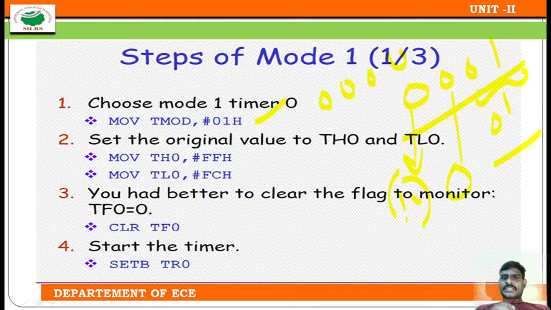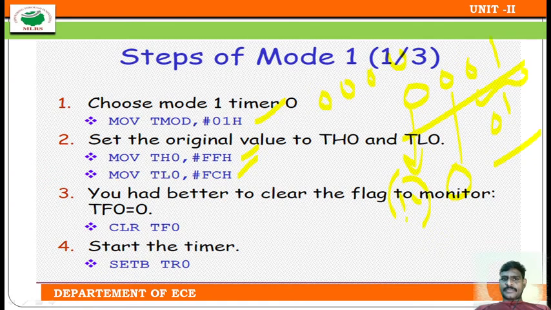Then set the initial values to the timer to be run into TH0 and TL0. Initially I have taken some values like FFH and FCH. These are loaded into your timer registers; TH0 is used because I am initializing timer 0.